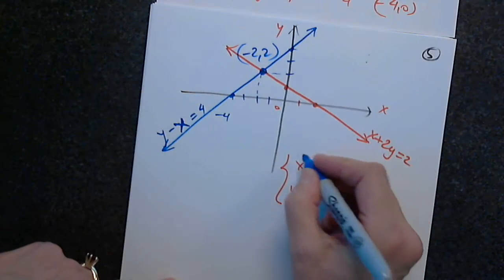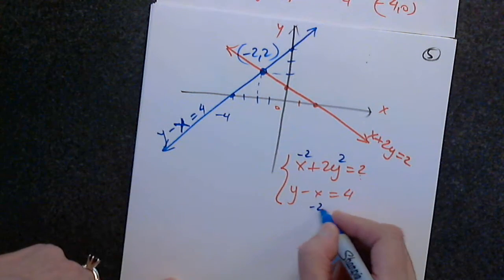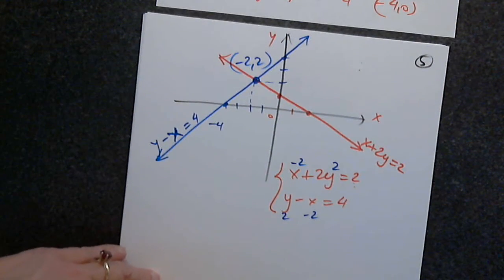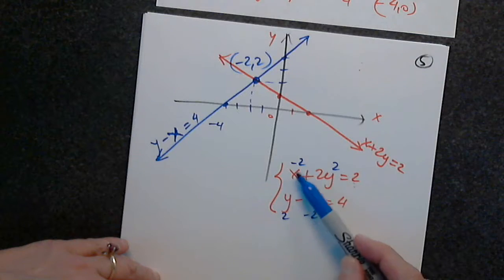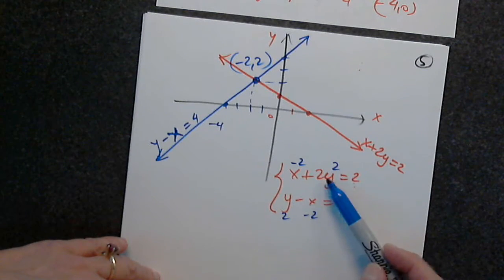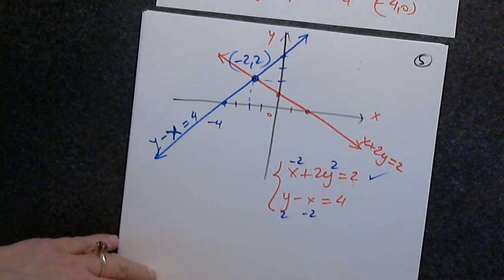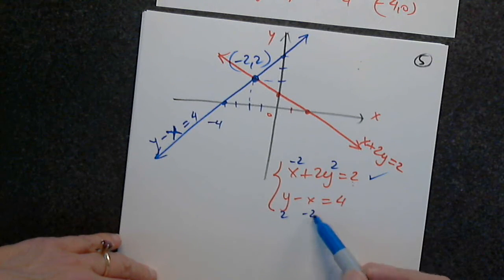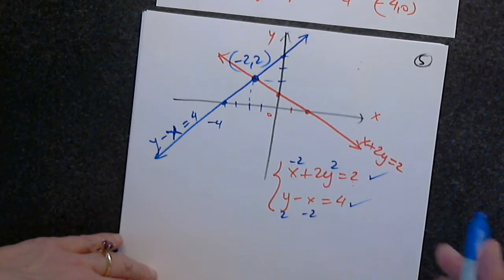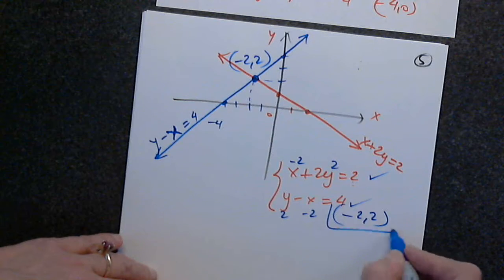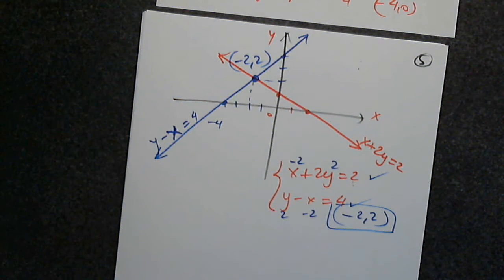So x is negative 2, y is 2. So let's try. Negative 2 plus 4 is 2. Lucky me. 2 plus 2 is 4. Yes. So indeed, negative 2, 2 is the only solution, and no one can find another. And this is x, y.